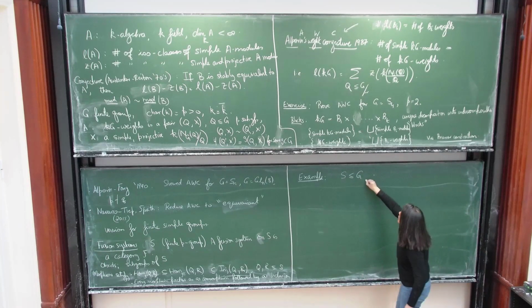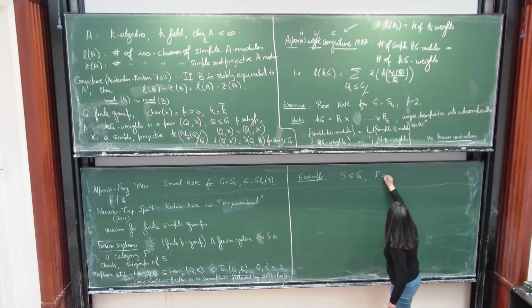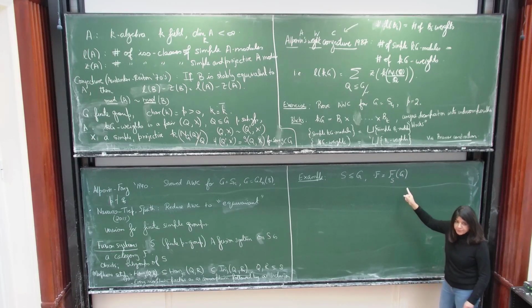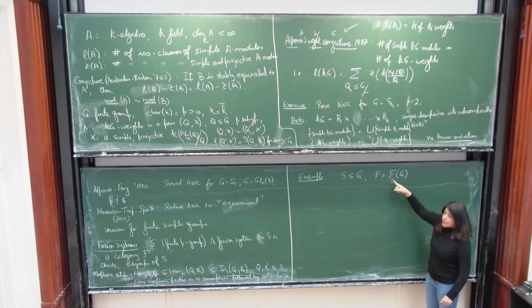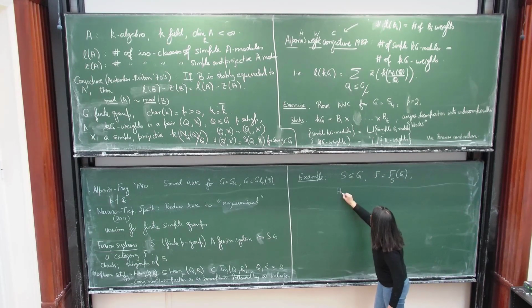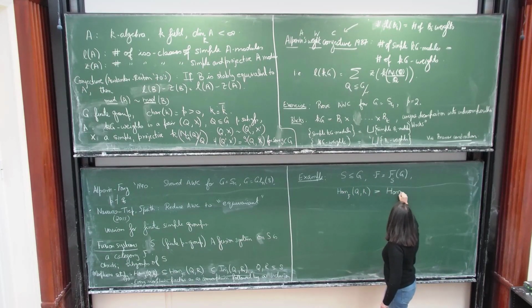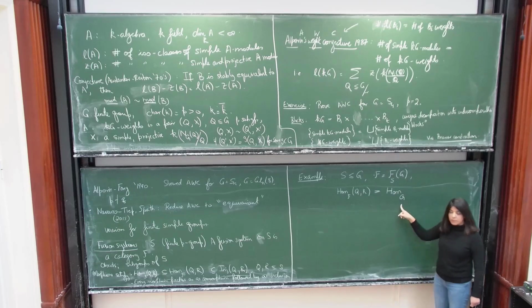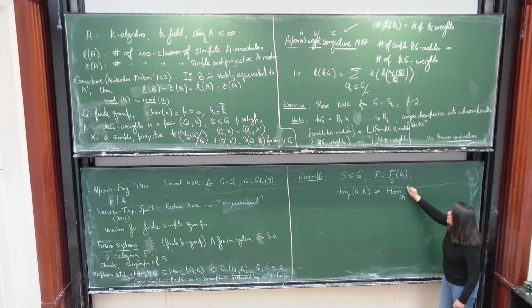You let F be the category F_S(G). So the objects are the subgroups of S, and the morphisms Hom_F(Q,R) are all the conjugation maps now from the really big group G.